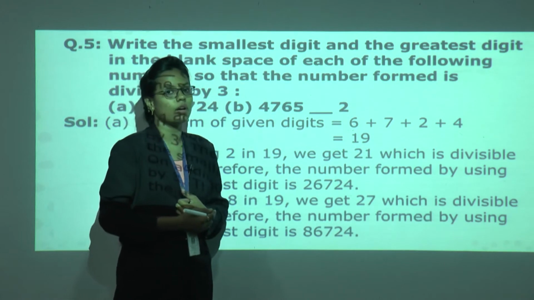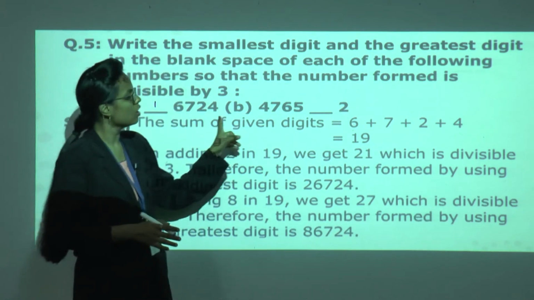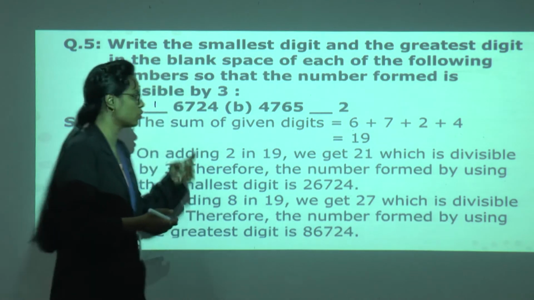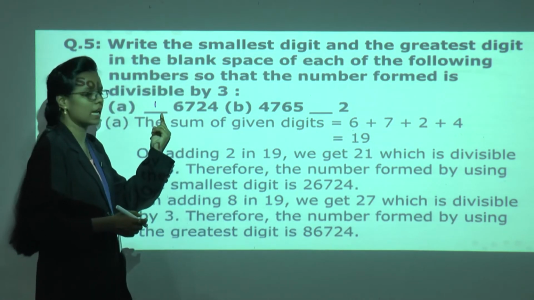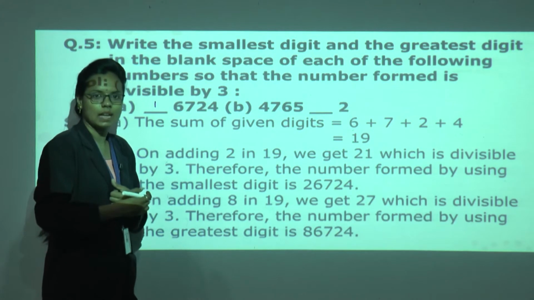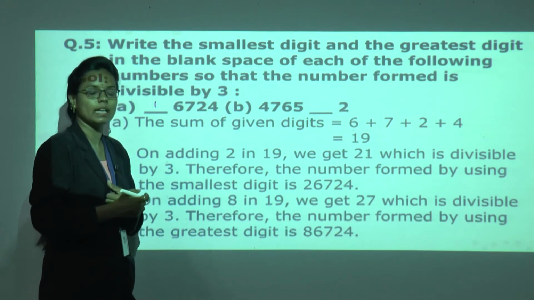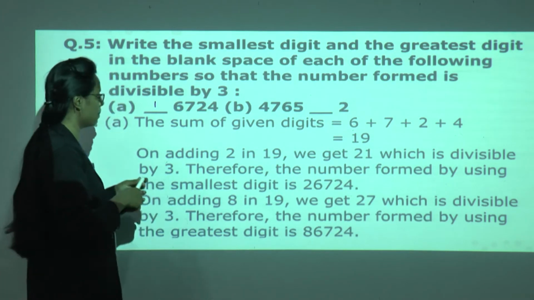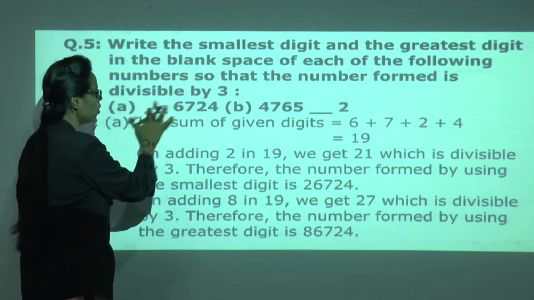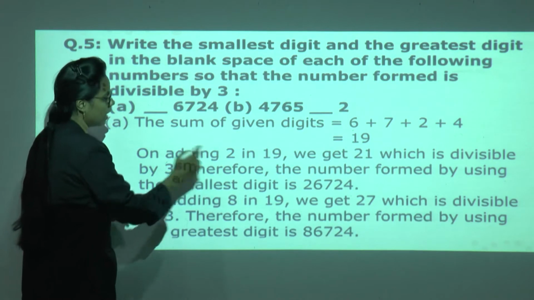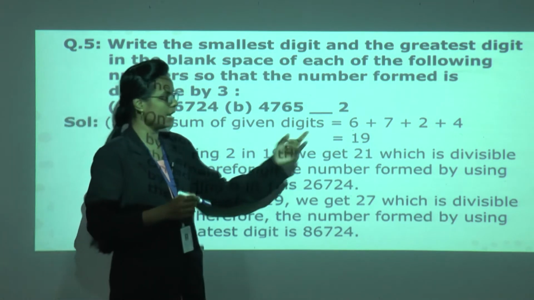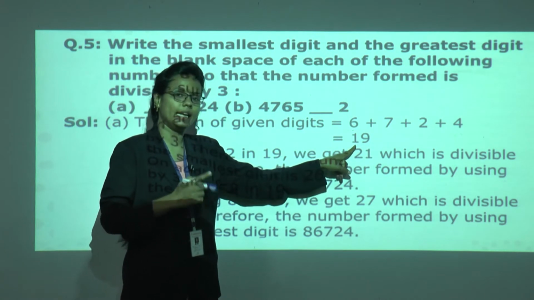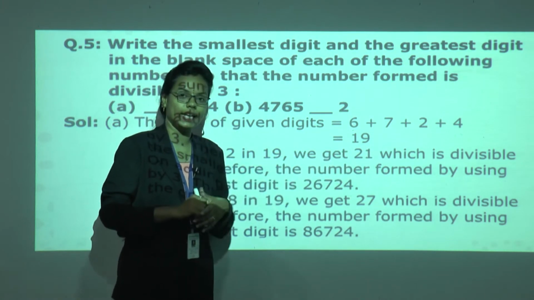So we have to find such a digit that the number is divisible by 3. If we place 1 in this blank space, we are not getting a number divisible by 3. So we can take the next digit, 2. 6 plus 7 plus 2 plus 4 is 19, and 19 plus 2 is 21.